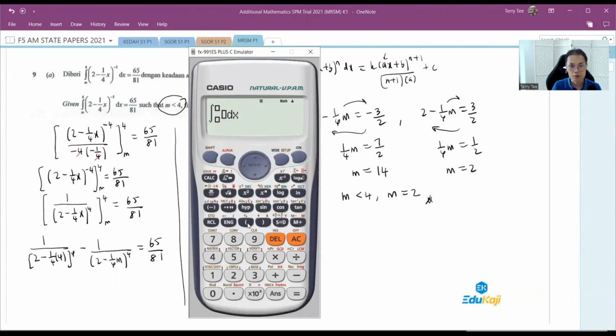I put open bracket 2 minus 1 over 4 alpha x close bracket power negative 5. Lower limit, in this case m, is 2. Upper limit is 4. Let's count. I should get 65 over 81, so that I know my answer is correct. Yeah, answer m is 2.